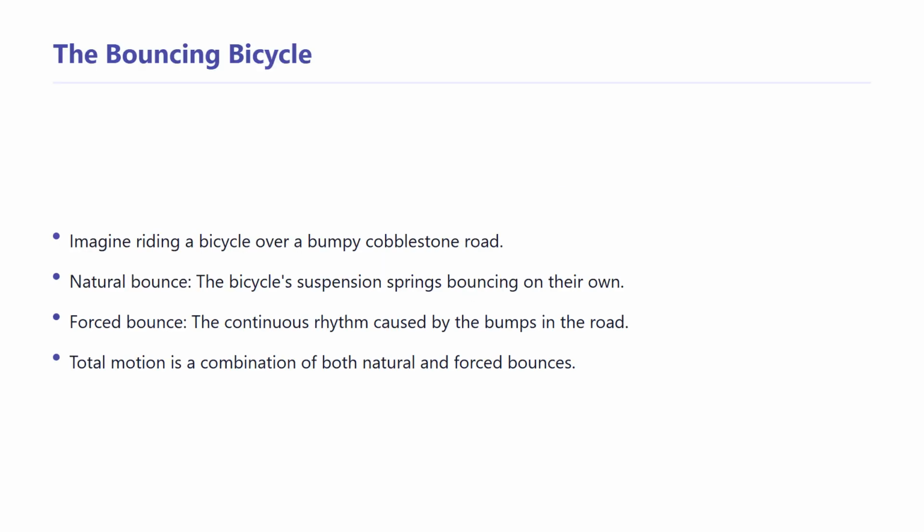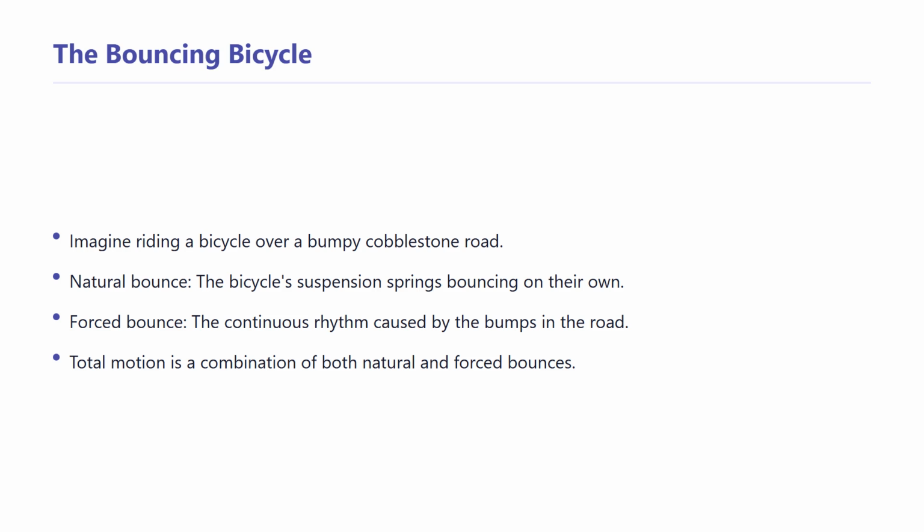To understand the math, let us first imagine you are riding a bicycle over a continuously bumpy cobblestone road. The bicycle has its own natural bounce because of its suspension springs. This natural bounce happens even if you just push down on the seat once and let go.